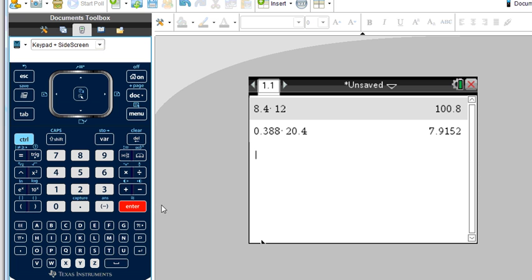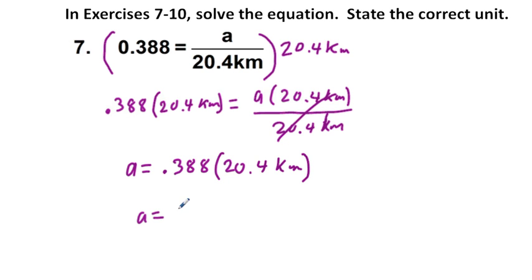So we get 7.9152 kilometers. And that's our answer to problem 7.